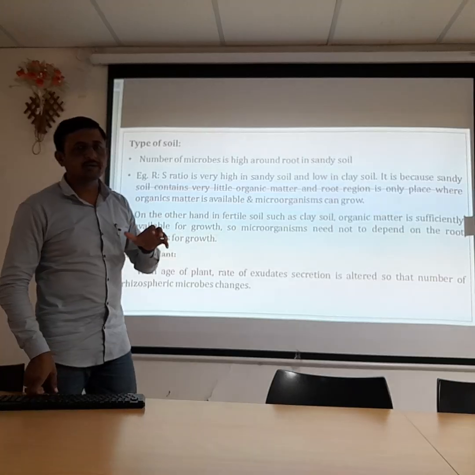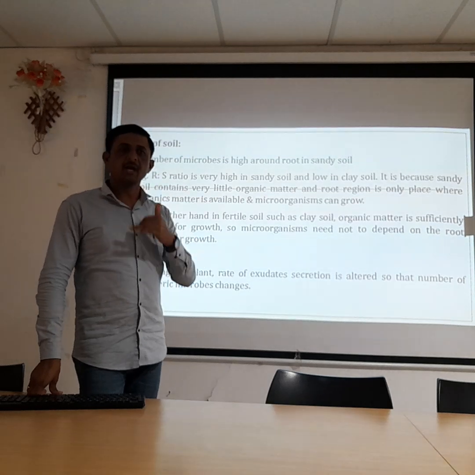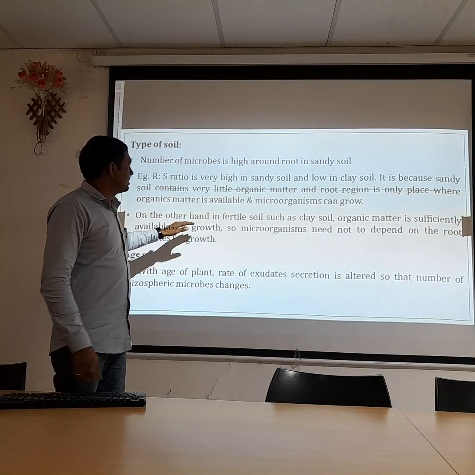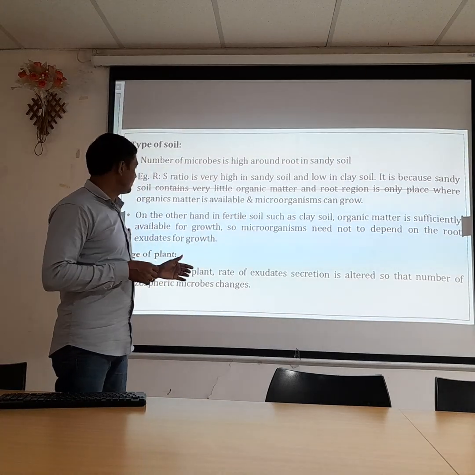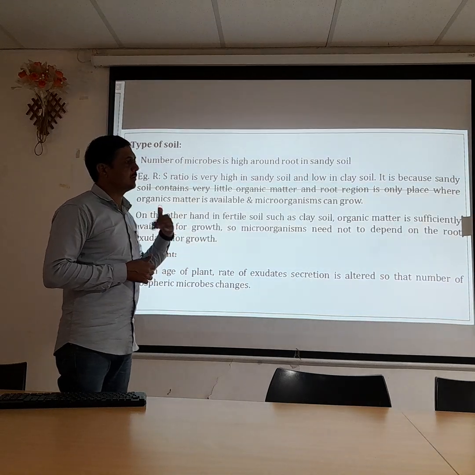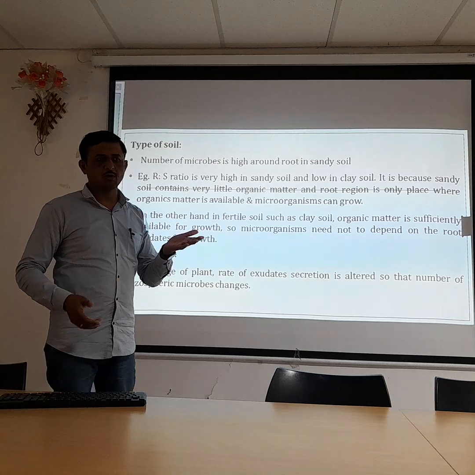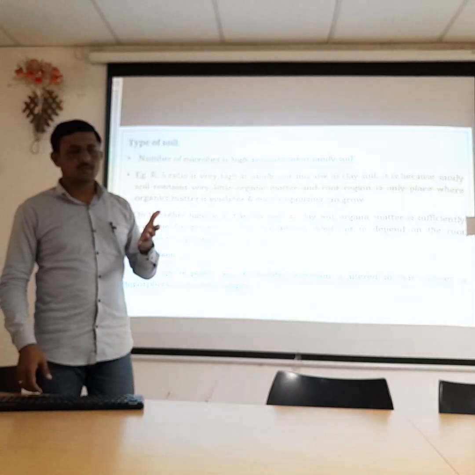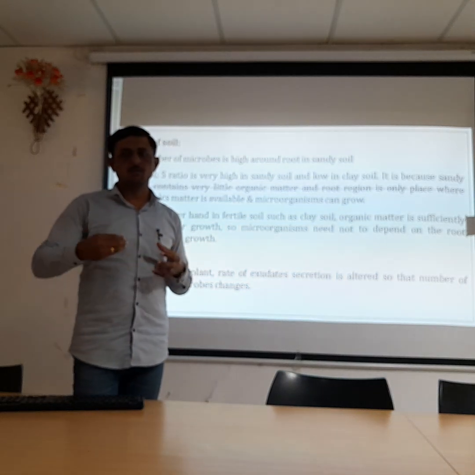So with respect to the type of soil, the microorganism population in the rhizospheric region can be affected or changed. On the other hand, in fertile soil such as clay soil, organic matter is sufficiently available for growth, so microorganisms need not depend on the root exudates. Light intensity or presence of light also affects root secretion.